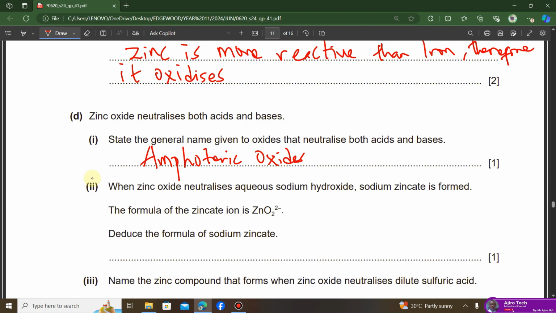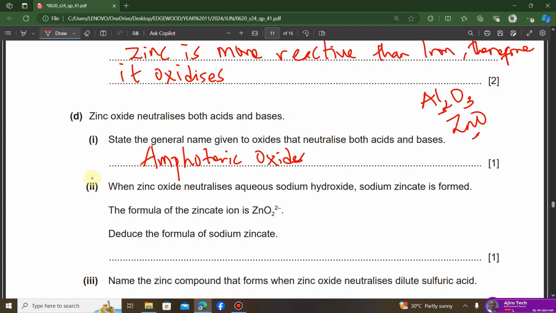In some cases they can act as an acid, and in some cases they can equally act as a base. We have aluminium oxide as an example, and also zinc oxide, which is what we are looking at. So these are amphoteric in nature.